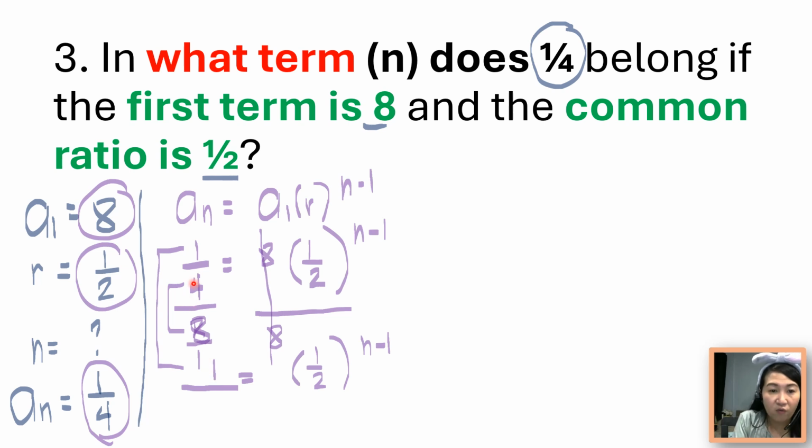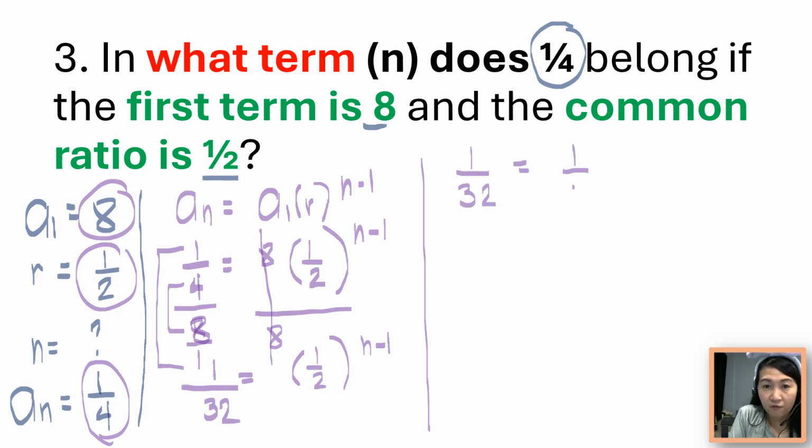Okay. 4 times 8, that would be 32. So we have here 32. Okay, sulat natin dito sa kanan ng mas maayos para mas maintindihan. So we have here 1 over 32 is equal to 1/2 raised to n minus 1.